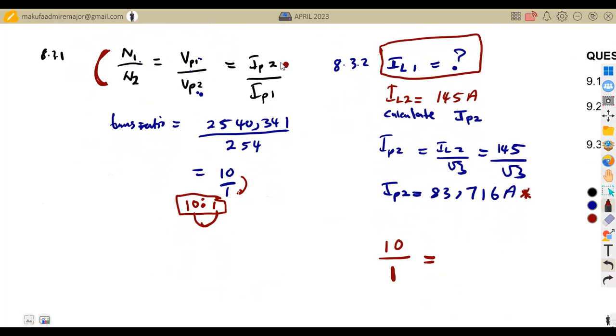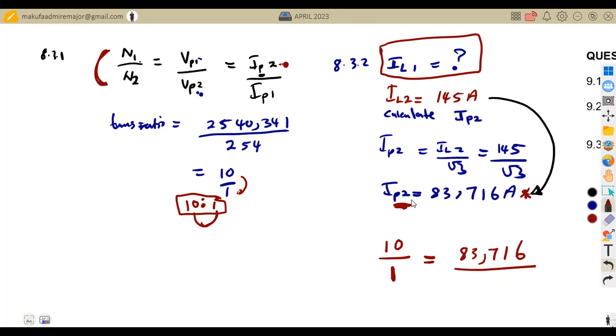Meaning to say, we are going to use this formula, whereby the one on the secondary side is in phase, not as the line current. That is why we have to change this line current to a phase, because these values are supposed to be in phase.